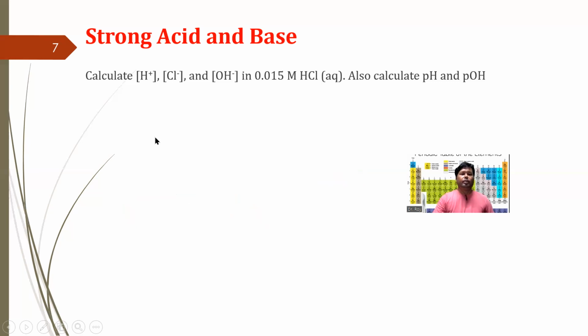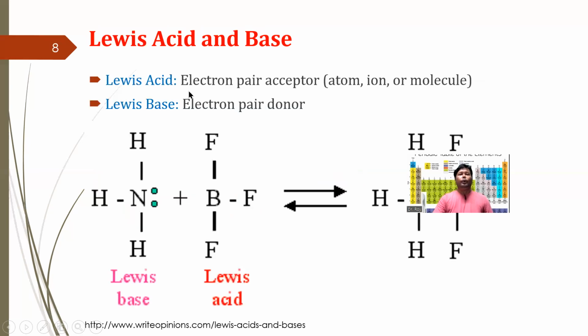Okay, so we are moving forward. Lewis acid and base. Everywhere so far we have talked about acids and bases either in terms of the proton or in terms of a solution in water.